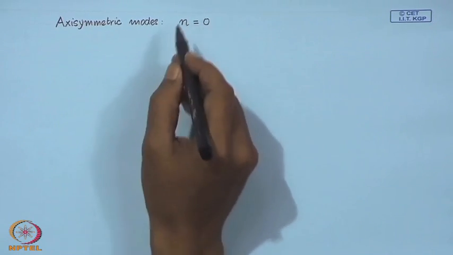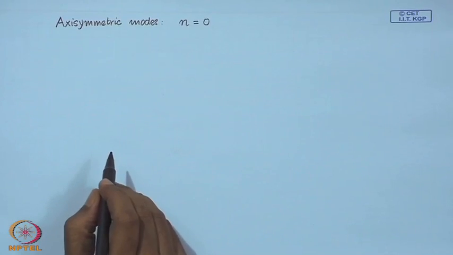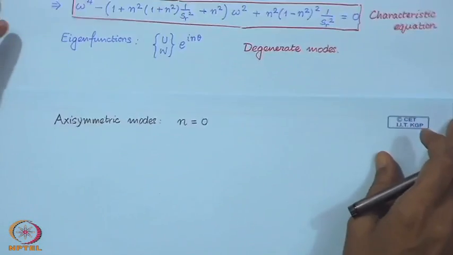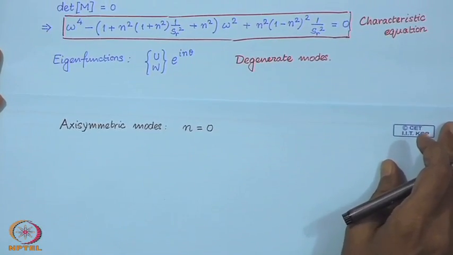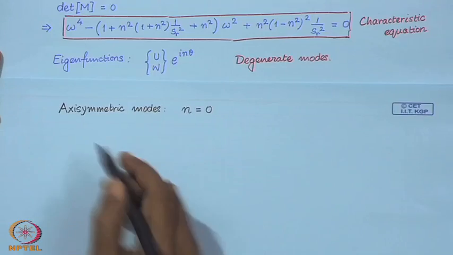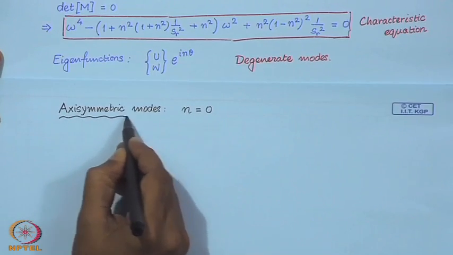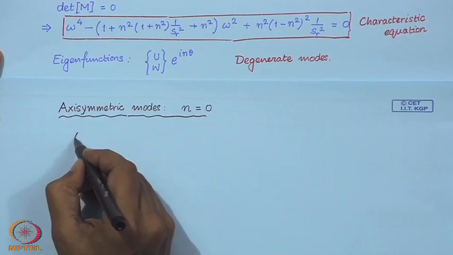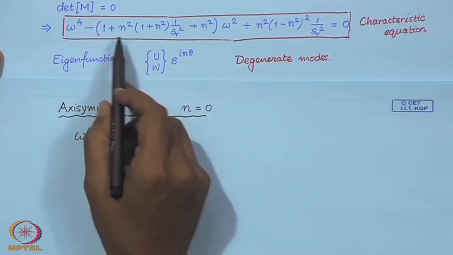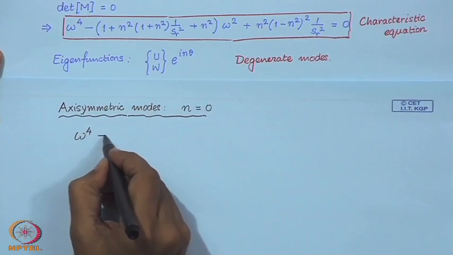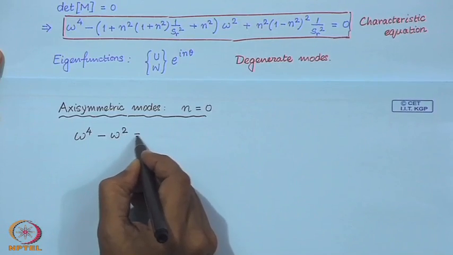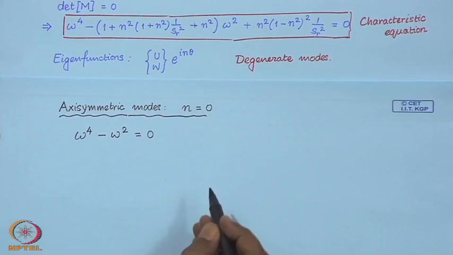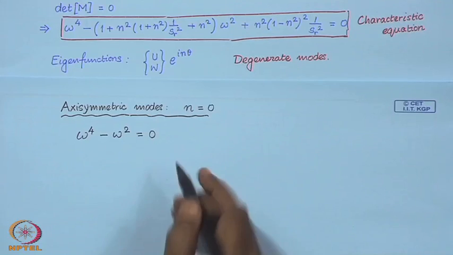If n is equal to 0, then you can see straight from here, so n being 0, this is the characteristic equation for axisymmetric modes.